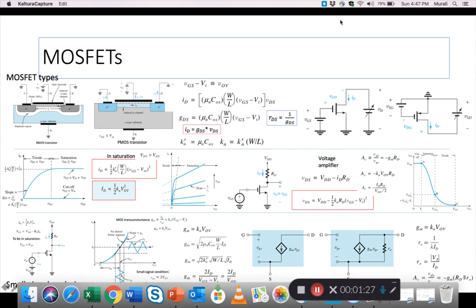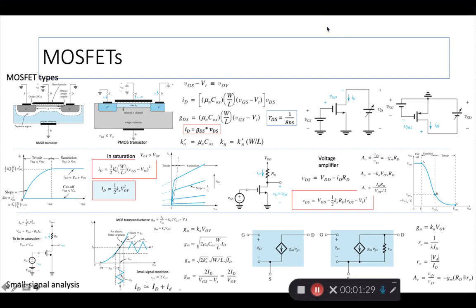So let's look to see what the information is. Starting from the top left, there are the MOSFET types, the NMOS and the PMOS transistors, and I hope by now most of the basic material is something that all of you have understood about MOSFETs.